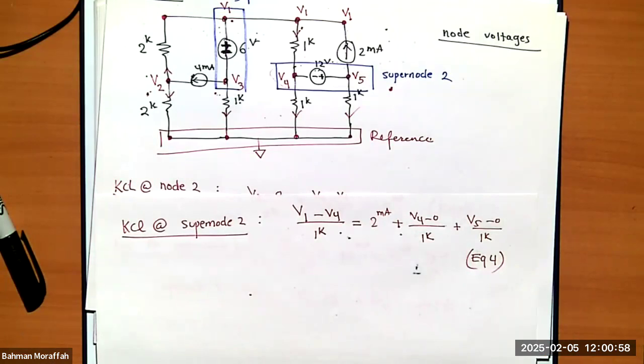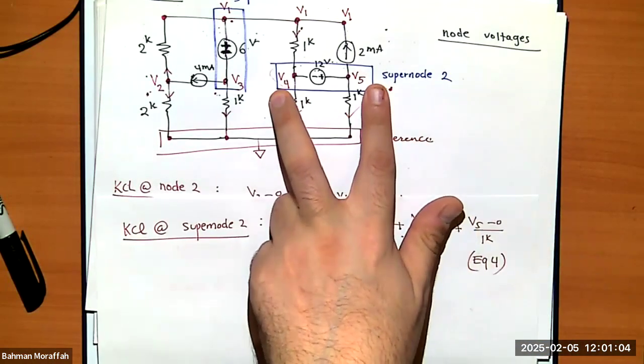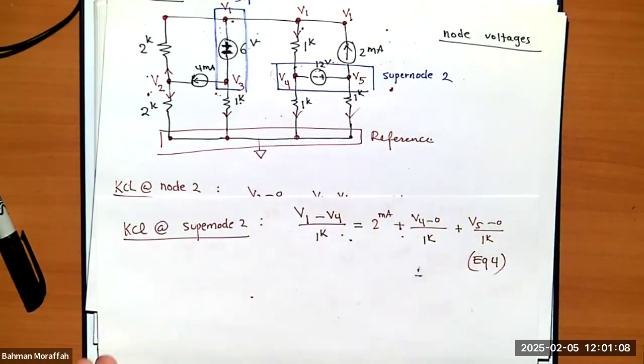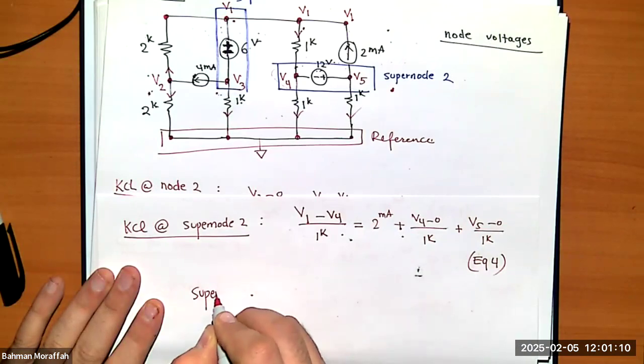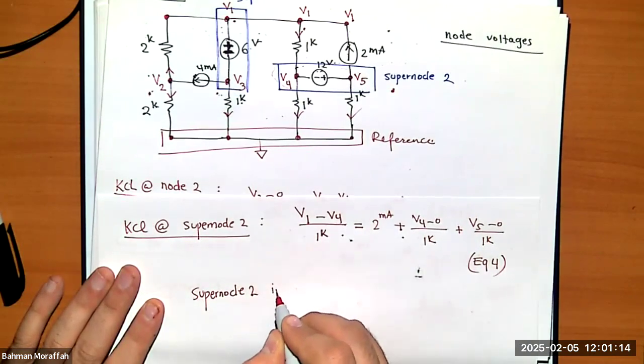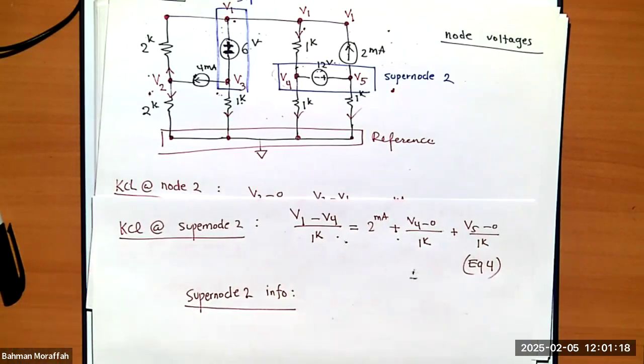Again, we're missing one equation. And that equation can be obtained by looking at the information that the supernode has given us. So supernode 2 information. What does that tell me?